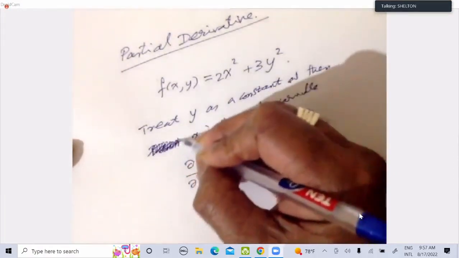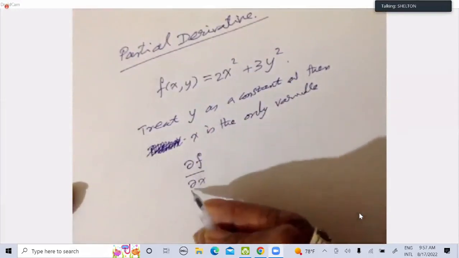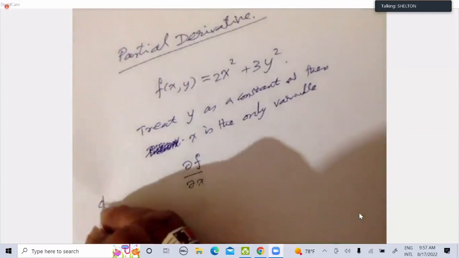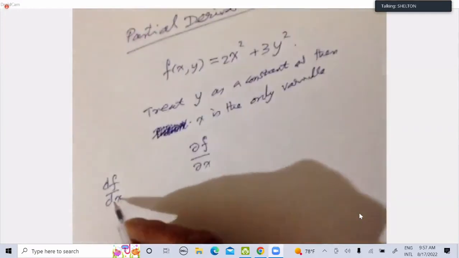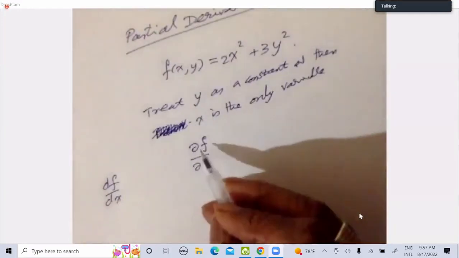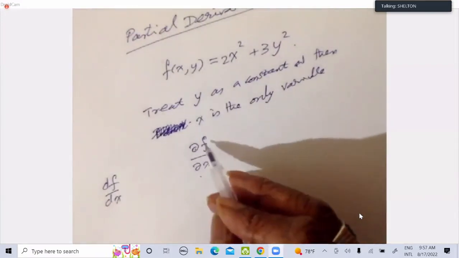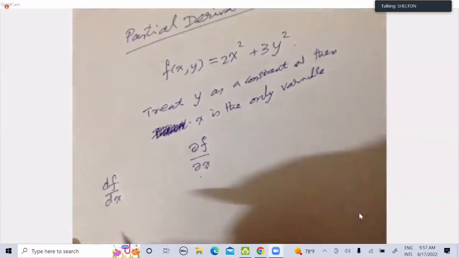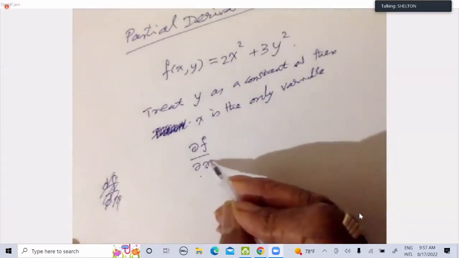Meaning if you see df/dx, we are thinking of f as a function of x alone. When you see the curly d, it means it's a function of several variables and this is the only variable; all the others are kept fixed or constant.